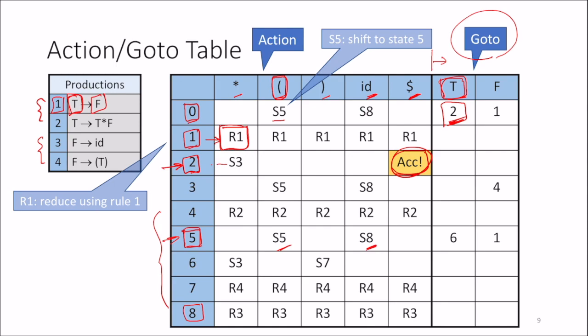So these are the different notations that we use in order to specify when to shift, when to reduce. And when you reduce, what do you do about the left-hand side? That's the responsibility of the Goto table. I think the action and Goto table will become a lot clearer when we use an example and go through the steps in which we parse that input string and construct a derivation by doing these shift and reduce actions.